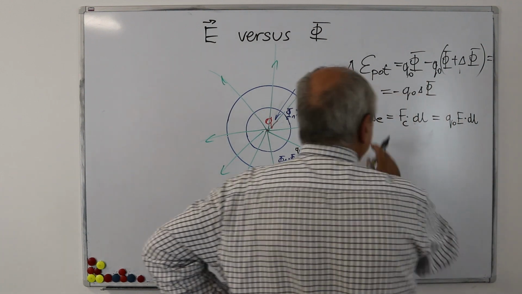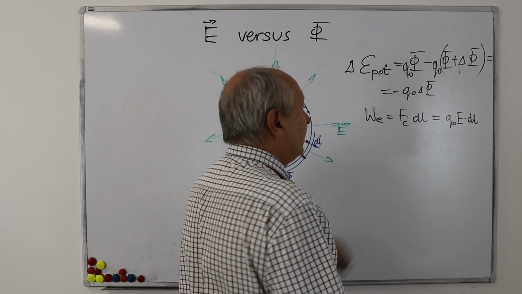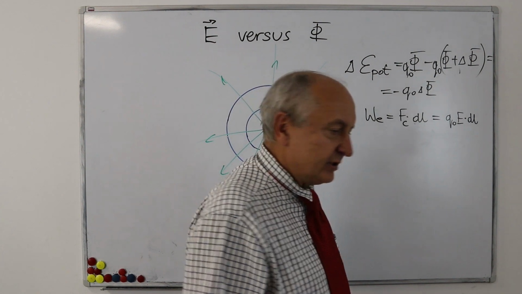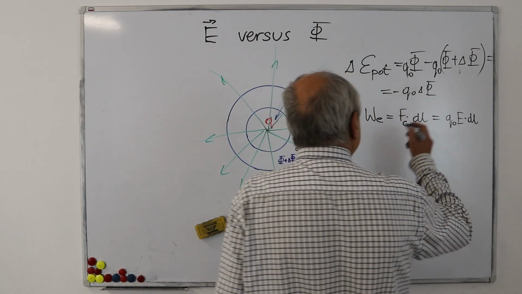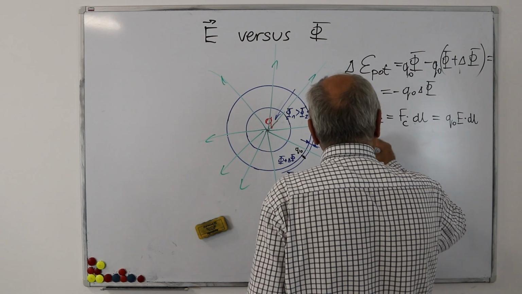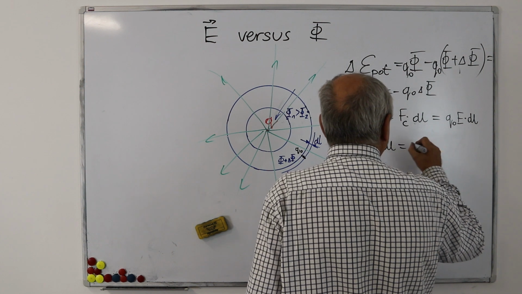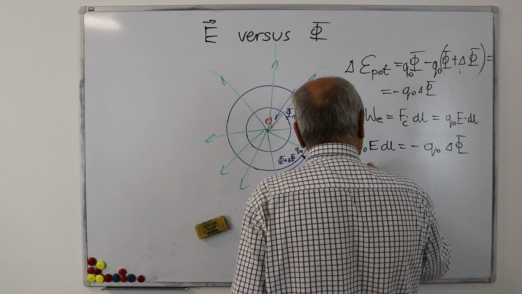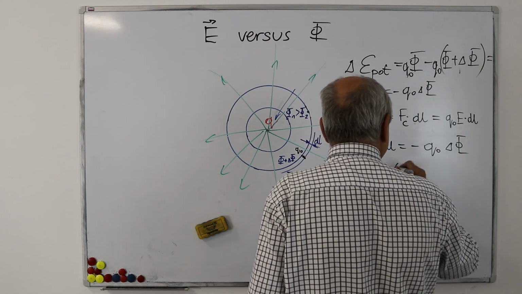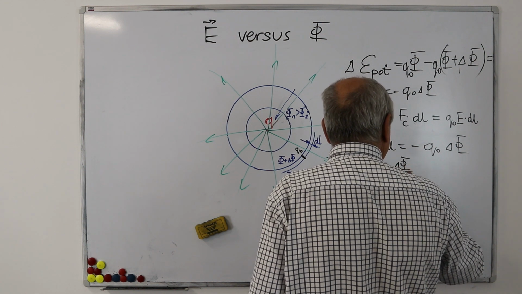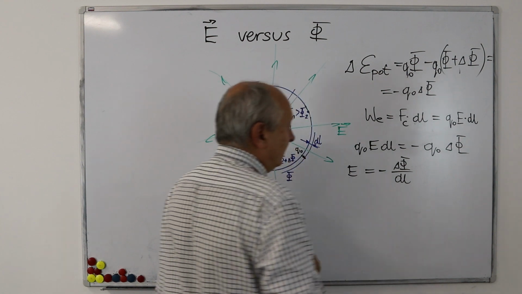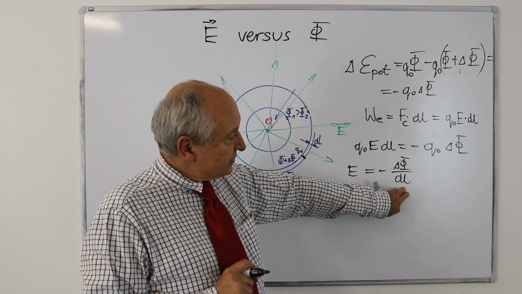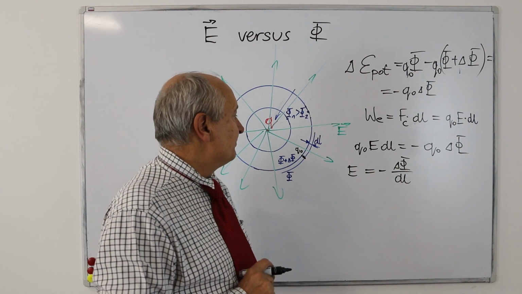And we can make a comparison, because the work done by the electric field is equal to the potential energy change. So Q0 E dl is equal to minus Q0 delta phi. So we find that E is equal to minus delta phi over dl.